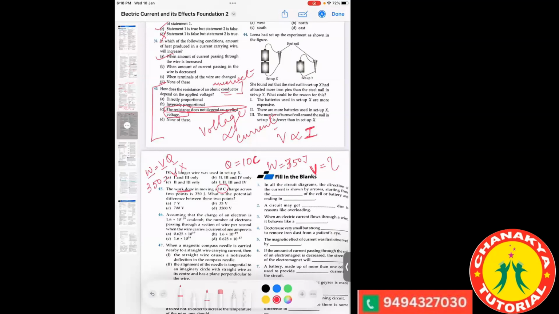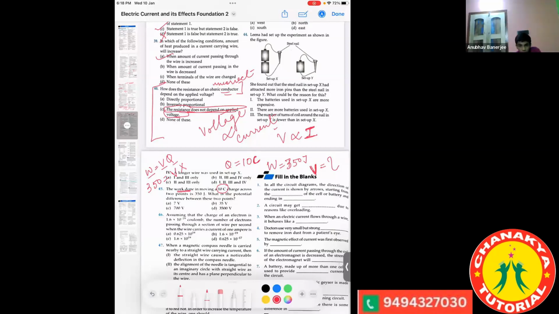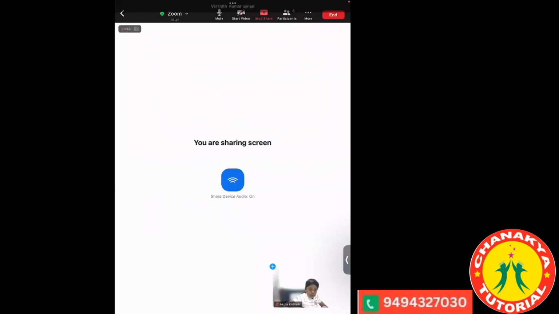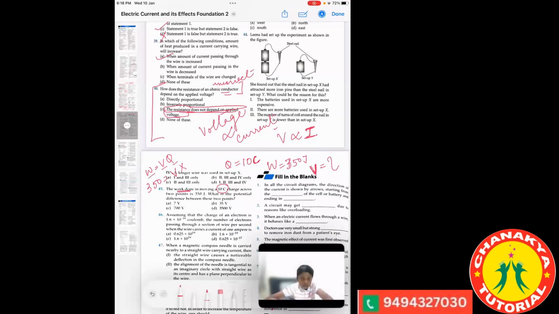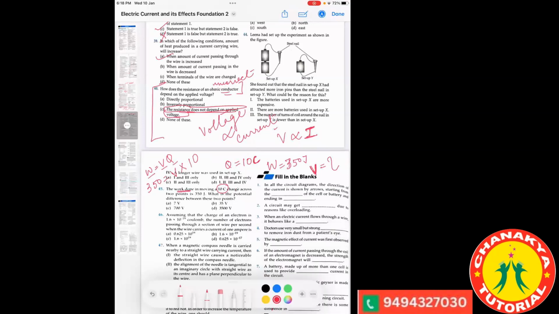And how much is Q? How many coulombs is it here? Ma'am, 10. So we will write 10 in place of Q. So W is equal to VQ. W is 350 joule, we have to find the potential difference V, and Q is equal to 10.